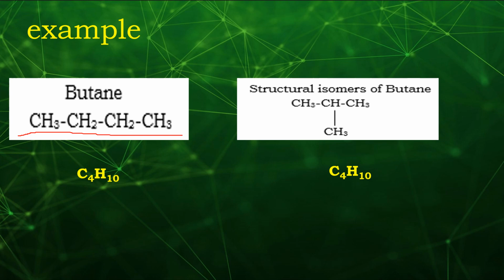The difference is their structure. So this one has a branch, or it contains a branch chain, while this one is just a straight chain. So that is an isomer. Magkapareho po yung kanilang molecular formula, but ang structure, yung itsura po nila, ay magkaiba.